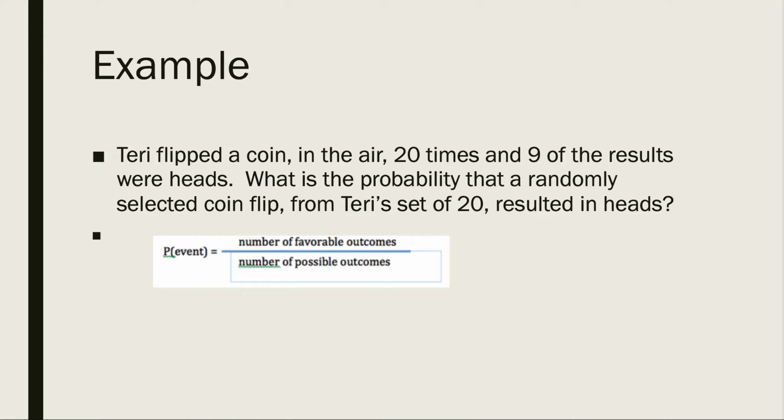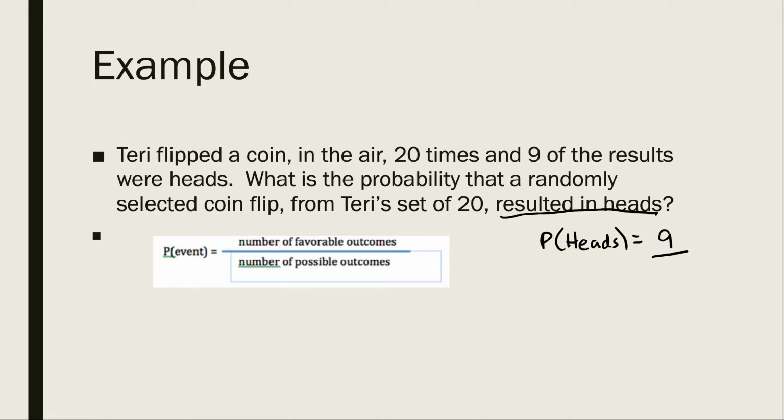So the number of favorable outcomes is going to be the number of outcomes that meet the criteria that we're being asked about. What is the probability that a coin toss resulted in heads? We know that she got 9 heads when she flipped the coin.